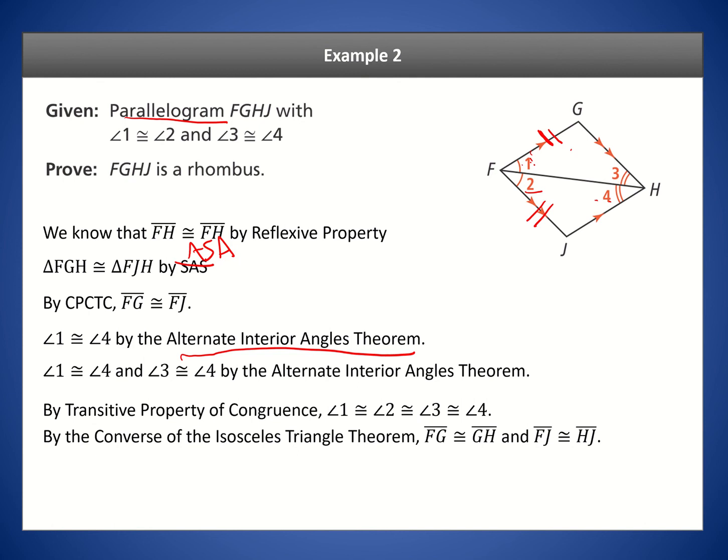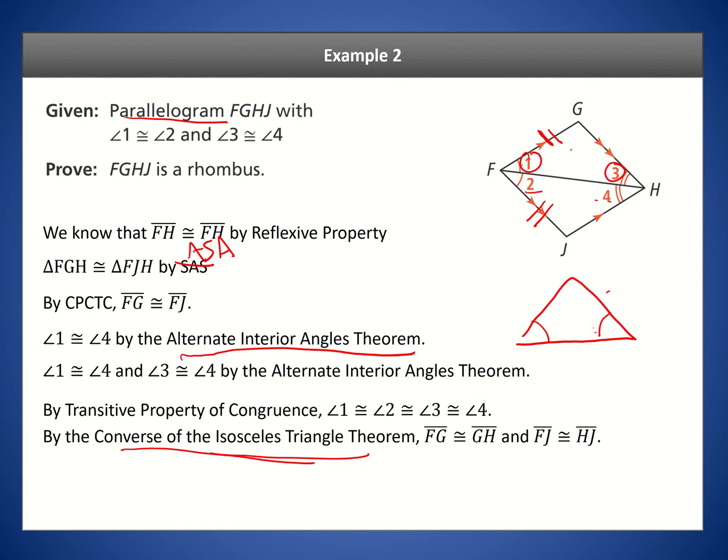So now that we know that 1 and 3 are congruent, then by the converse of the isosceles triangle theorem, remember that the converse states that if you have a triangle with two opposite angles that are congruent, like these two on the bottom, then you have an isosceles triangle.